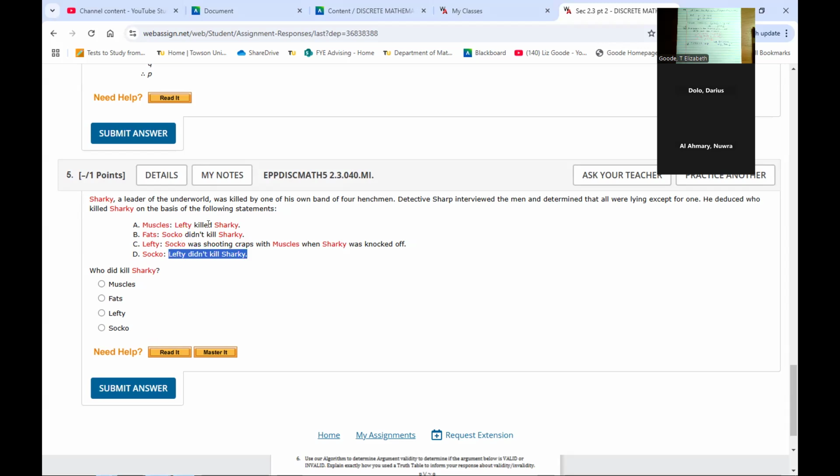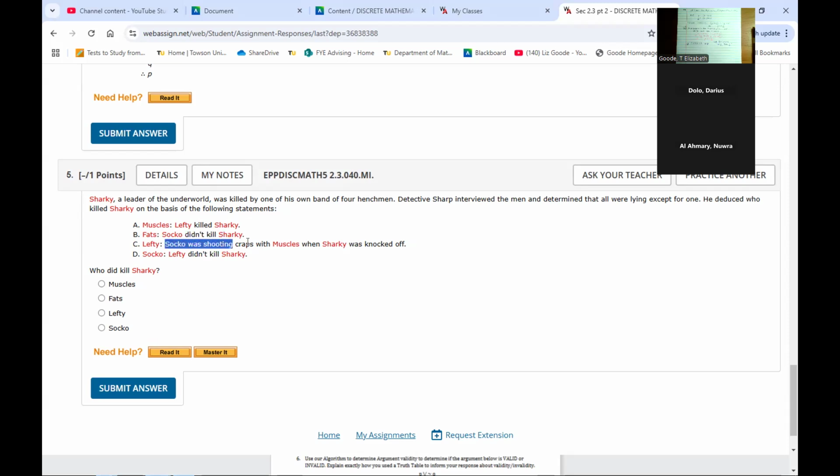Either Lefty killed Sharky or Lefty didn't. One of those is true. So we already know that it's either Muscles or Sacco who's telling the truth. So that tells us that everybody else is lying, doesn't it?